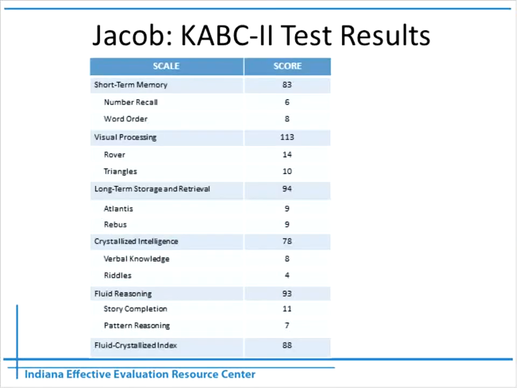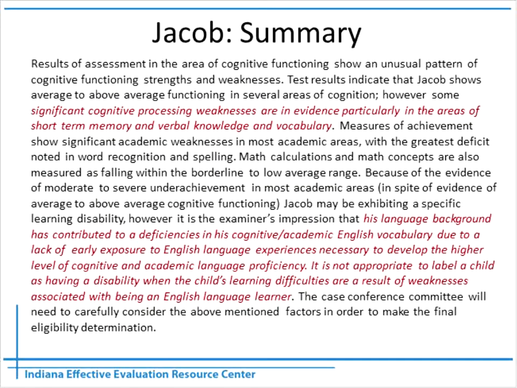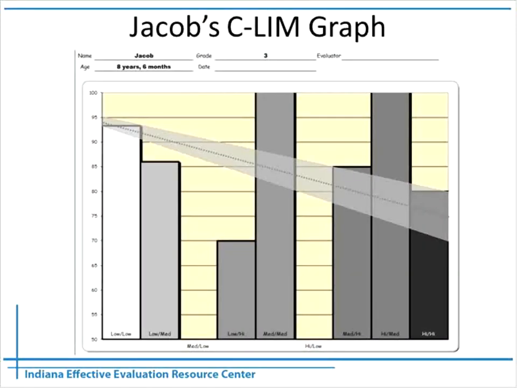If we go back to his scores here, you can see some of the areas in which he may have demonstrated some problems, related to short-term memory, as was pointed out, and to crystallized intelligence. As noted, however, if I go back to the graph here, the crystallized intelligence is right here. This is where those scores are. This is why I think the summary stated correctly not to look at this as a speech-language problem.